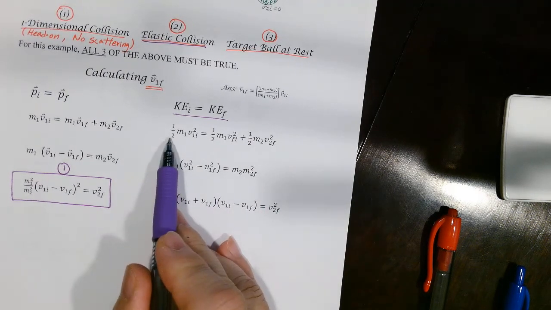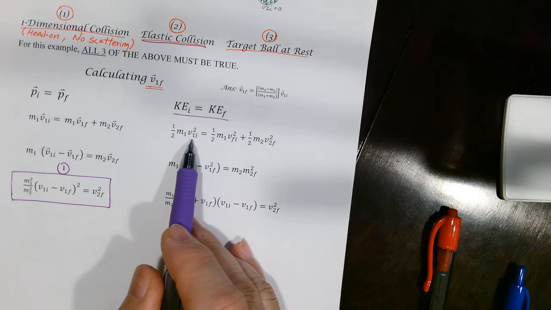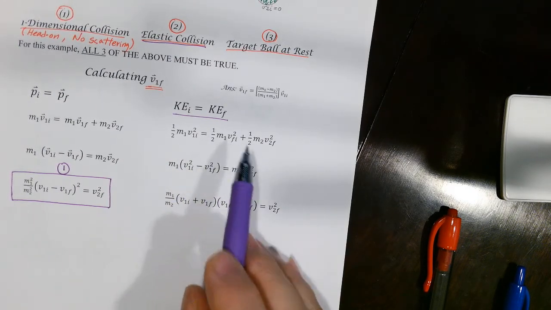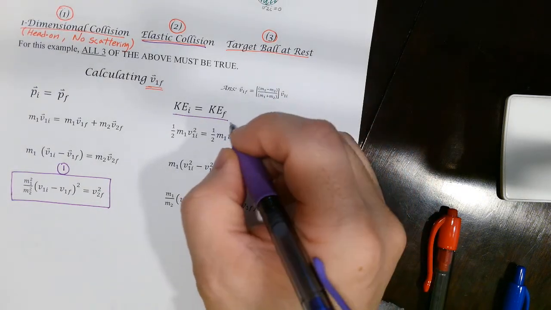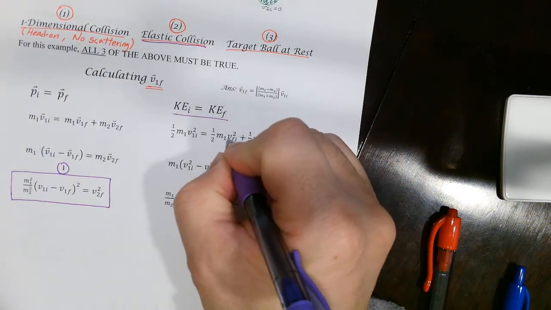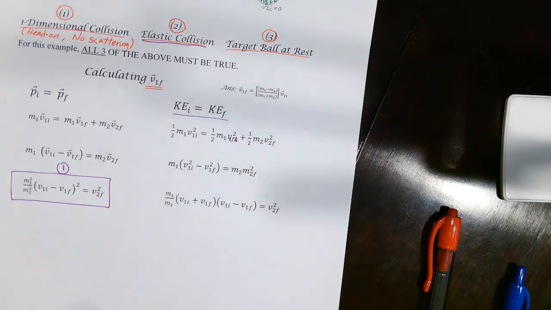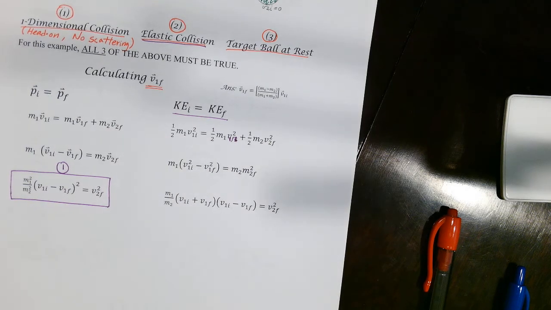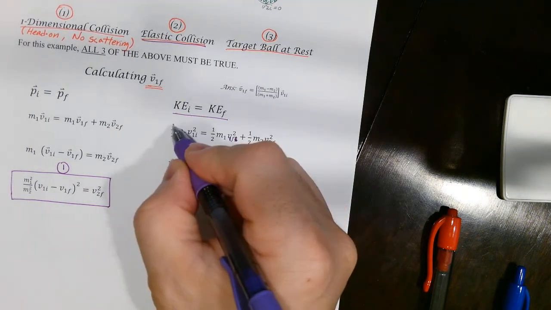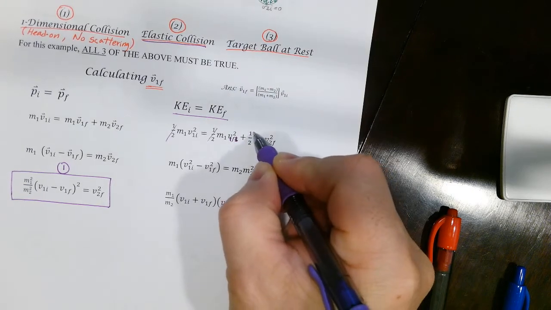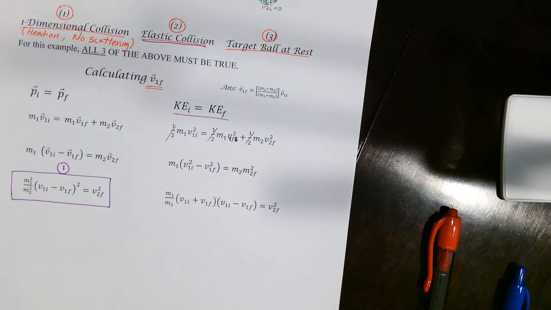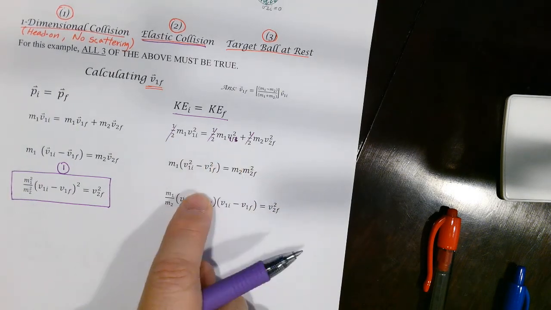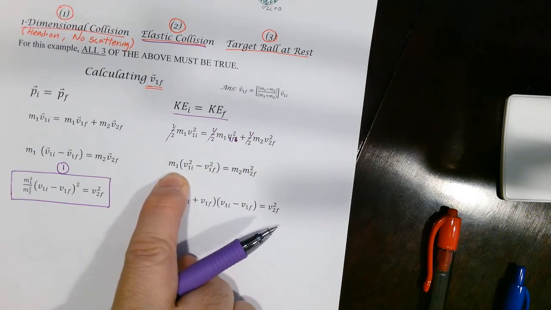So here, 1/2 m1 v1 initial squared must equal 1/2 m1 v1 final squared plus 1/2 m2 v2 final squared. I can cancel out the 1/2s. And by bringing this m1 v1 final to the other side and factoring out the m1, this is what I would get.